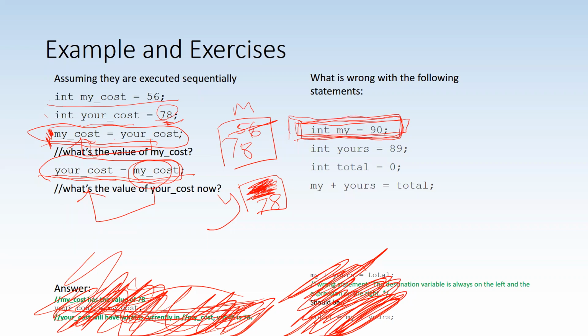It's a statement. What statement is this? Declaration and initialization. Yes, that's very good. Declaration with initialization. Okay, and this is the same, right? It's correct. What about this one?